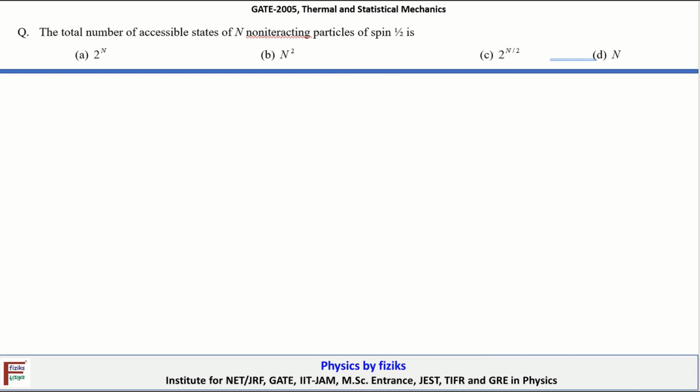And let's take a look at the next problem. The statement is, the total number of accessible states of n non-interacting particles of spin half. Here it is given that the particles carry a spin equal to 1 by 2.